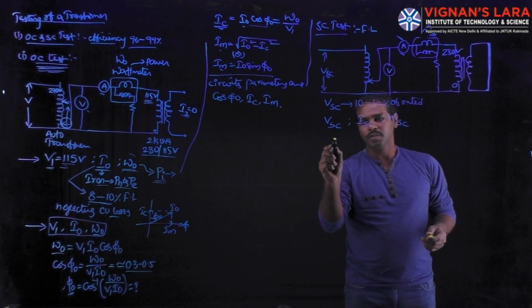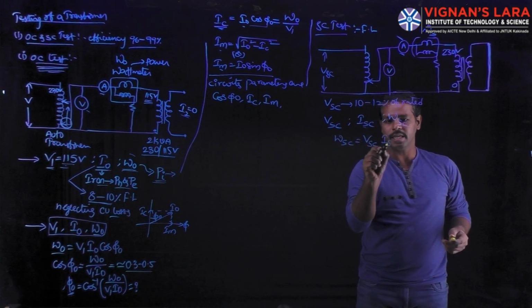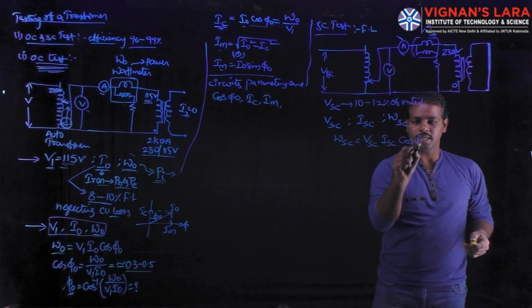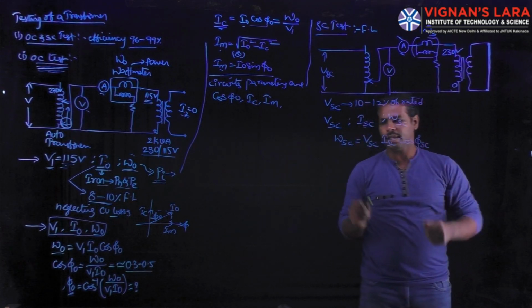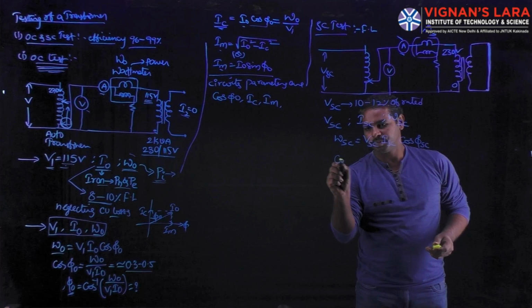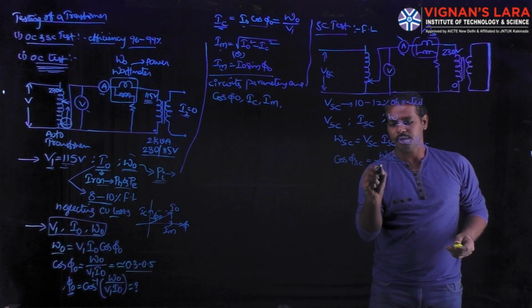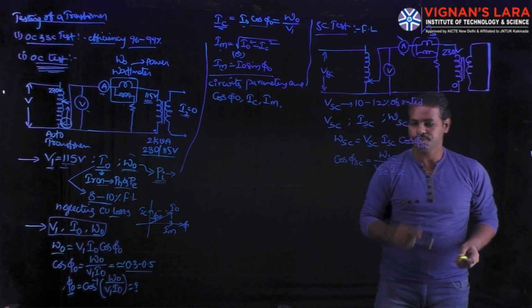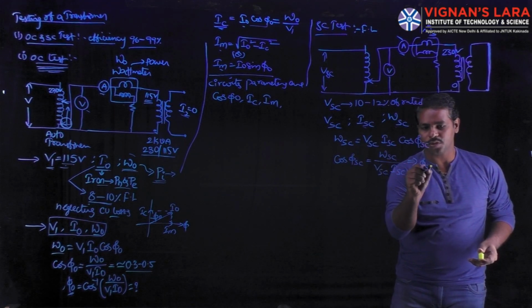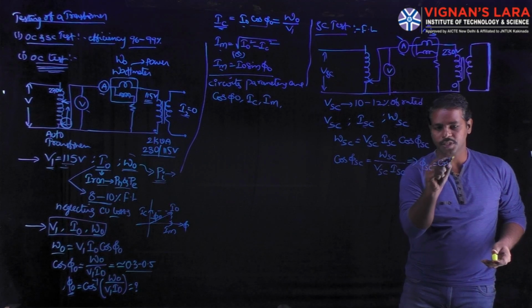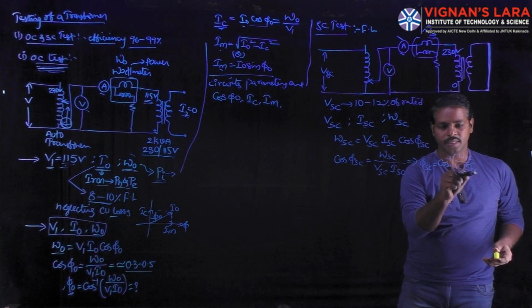WSC is equal to VSC into ISC into cos phi SC, the short circuit power factor angle. So cos phi SC is equal to WSC divided by VSC into ISC, and phi SC is equal to cos inverse of WSC divided by VSC into ISC.